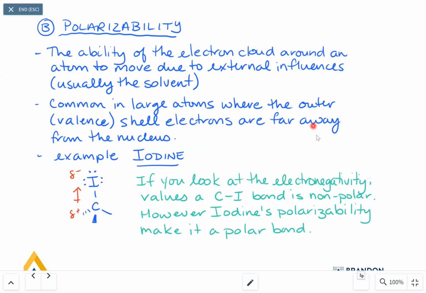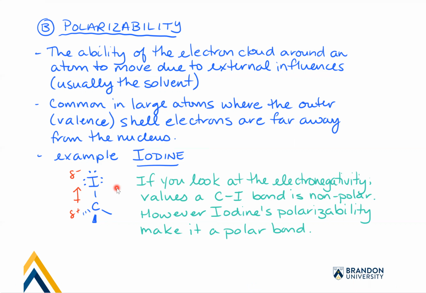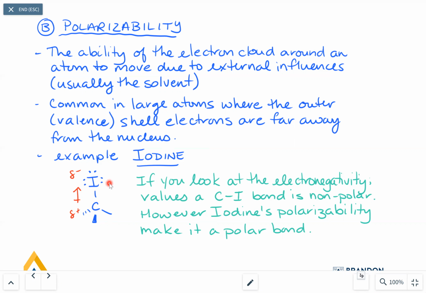It's really because they are far away from the nucleus, which has that positive charge. So as you go down the periodic table, these atoms are said to be more polarizable. Iodine's a good example, bromine's another one.